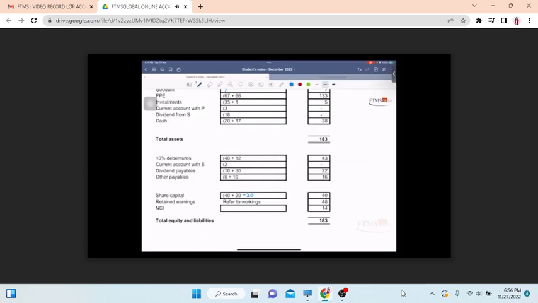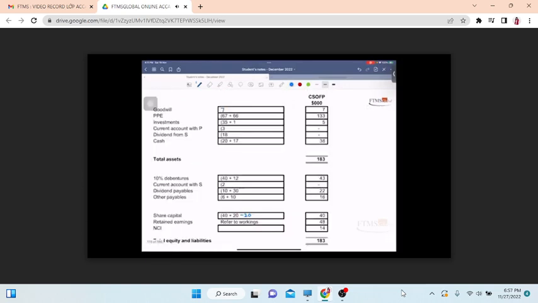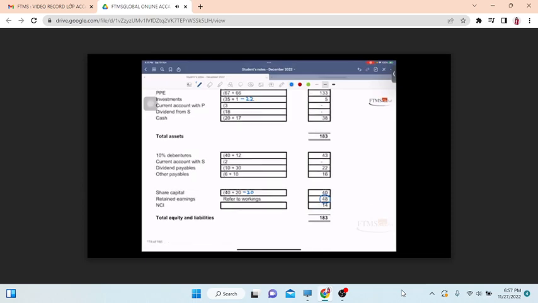Then retained earning, I already have the answer. Retained earning is 48. Then next is COI minus 22. So COI, of course, you will appear under the investment minus 22. Then NCI 10. So here add a 10.